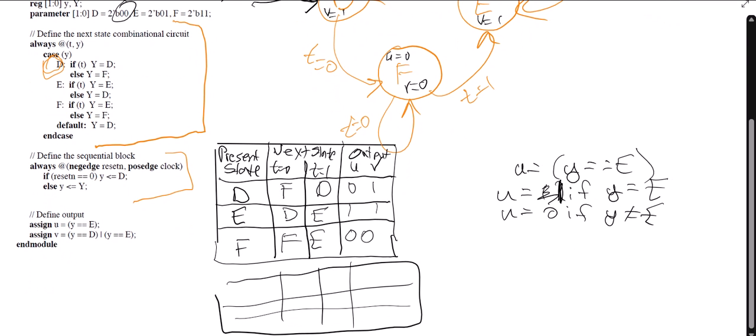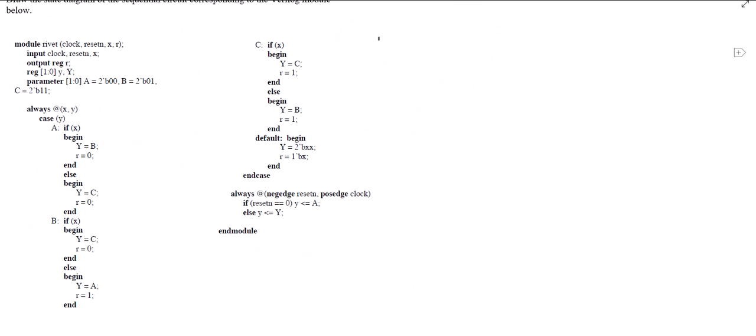Everywhere you see a D, you'd put a 0,0. And everywhere you'd see an E, you'd put a 0,1. And everywhere you had an F, you'd do a 1,1. So that's what we would do if we had to do a state assigned table. But we did not have to do that.